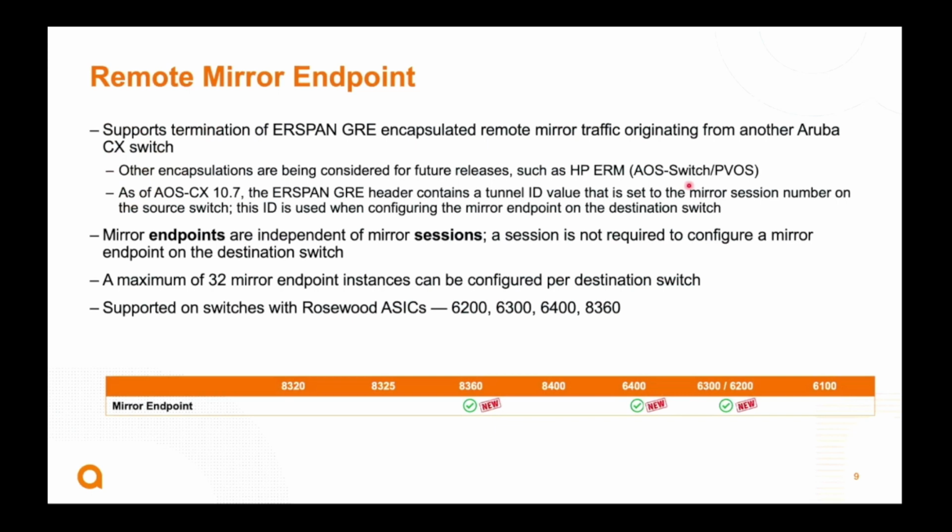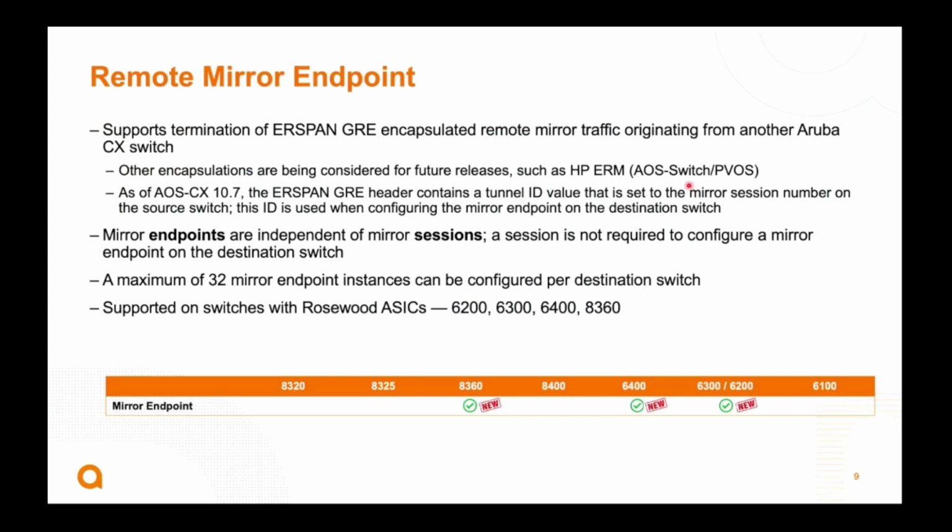Remote mirror endpoint supports termination of the ERSPAN GRE remote mirror traffic that originates from another Aruba CX switch. Future releases may support other encapsulation formats, for example the HP encapsulated remote mirroring, or HPERM, format that is used by AOS switch or PVOS for older switch releases.